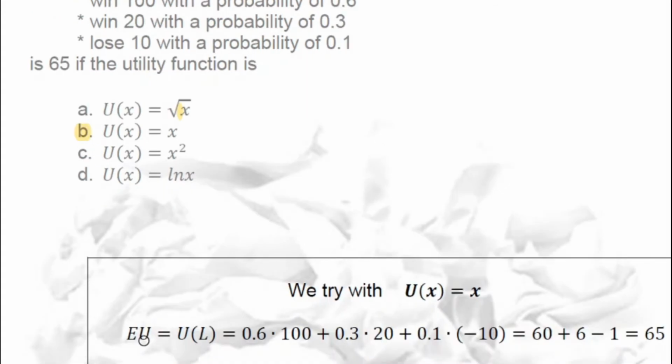The expected utility, or the utility of the lottery, is 0.6 times the utility of 100, that is 100, with this utility function of B, plus 0.3 times the utility of winning 20, that is 20, plus 0.1 times the utility of, be careful, losing 10, so minus 10, and this is equal to 60 plus 6 minus 1, so 65. So that's why B is the correct answer.